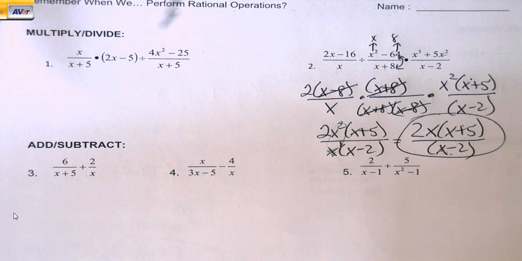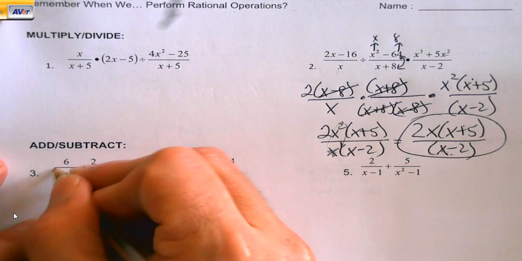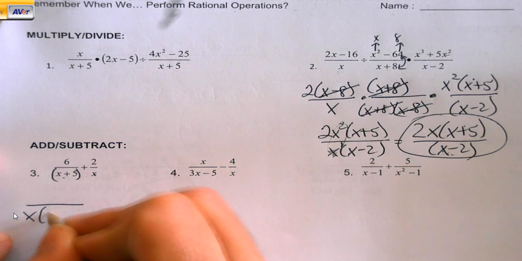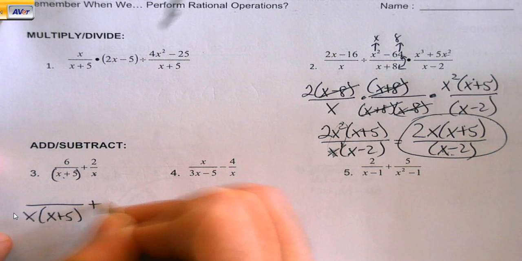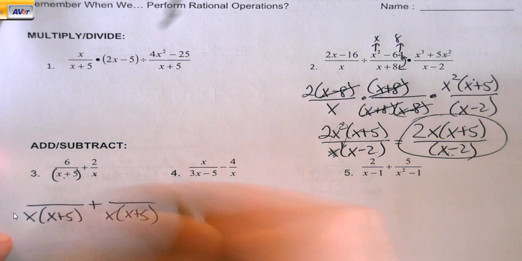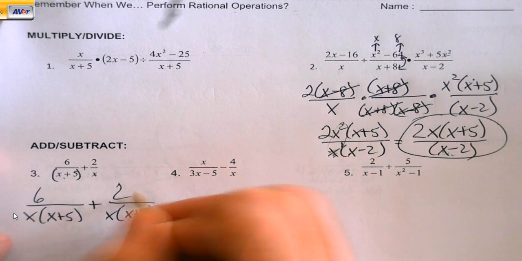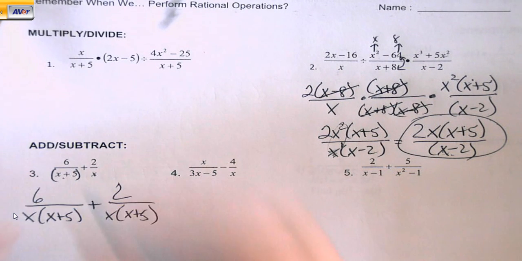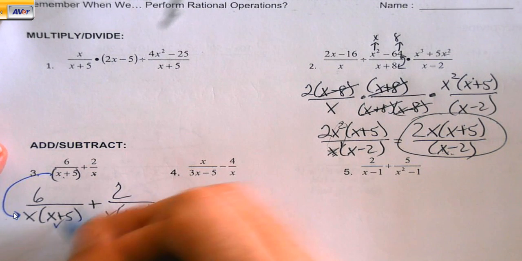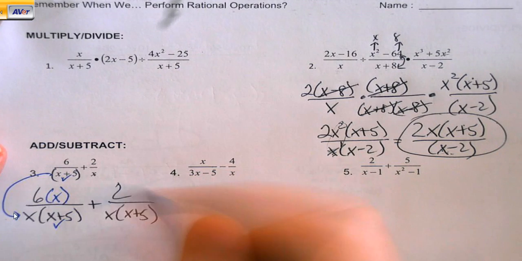Okay. When we're adding or subtracting, again, got to keep an eye on, is it bonded or not? If they're not, they both need to be part of my LCD. And if I build a new LCD, I need to build new numerators. Check off what I already got, put in what I need.